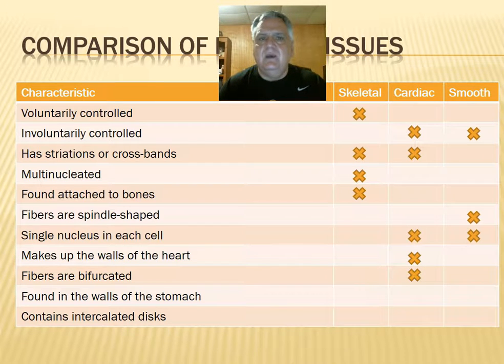Well, the stomach is a visceral organ found inside the abdominopelvic cavity, and so in the stomach we find predominantly smooth muscle tissue. And then contains intercalated discs. Remember, those are those desmosomes that kind of stitched them together, and those intercalated discs are found in cardiac muscle tissue. So how'd you do? I hope you got all of those correct.